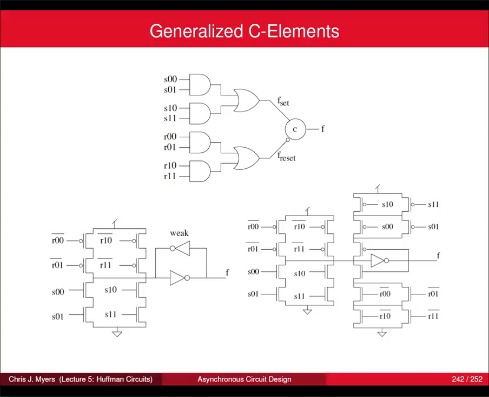Okay, so there's one last type of logic family I wanted to talk about, which are called generalized C elements. Generalized C elements are an interesting logic family because they're based on the idea of a C element, which we heard about in chapter 1, but they're generalized in that they're complex CMOS implementations of the set and reset logic for the C element.